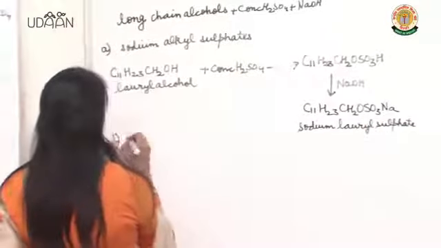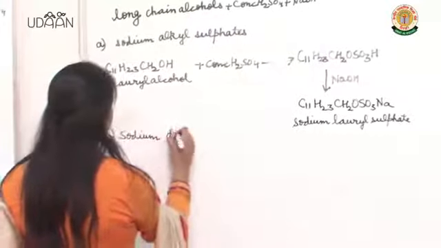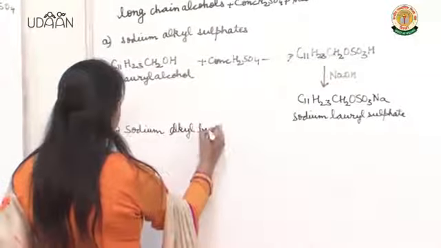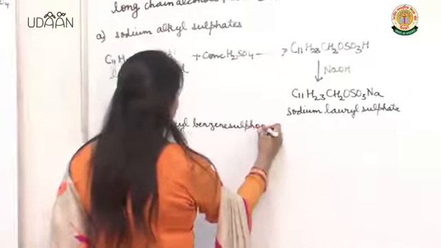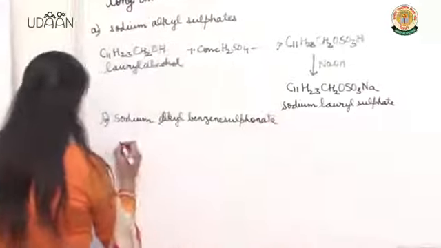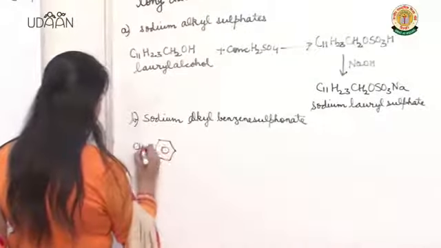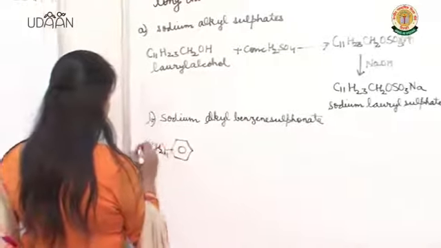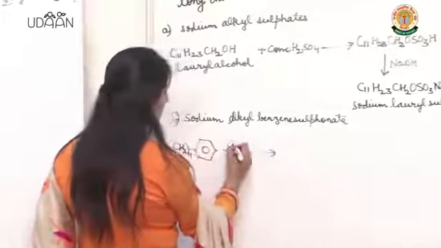Next category is sodium alkyl benzene sulfonate. So we take dodecyl benzene and we treat it with concentrated H2SO4.